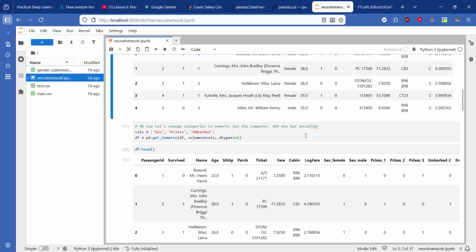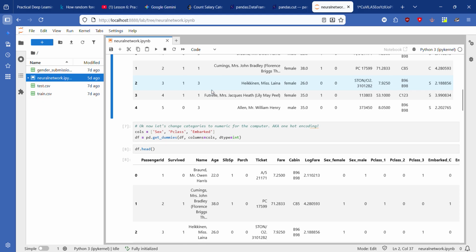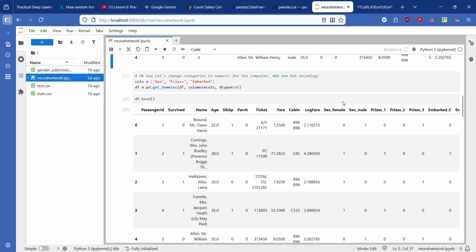And I wish I had a whiteboard or something and I could draw for you guys, but what we're going to do with these columns that aren't numbers yet, but we will turn them into numbers, is we're going to call get dummies on them. So the term that I want to invite you guys to look into, I'm not going to try too hard to talk about it because I could ramble on about it for a long time, but it's called one-hot encoding.